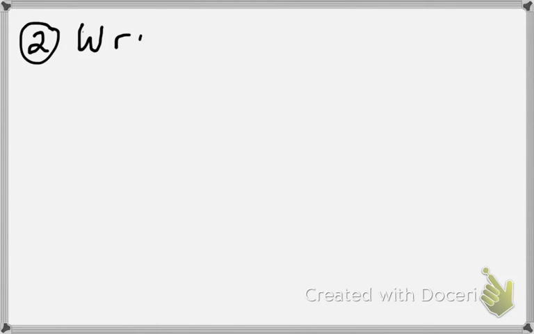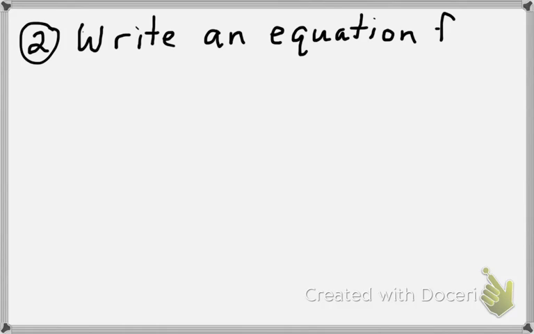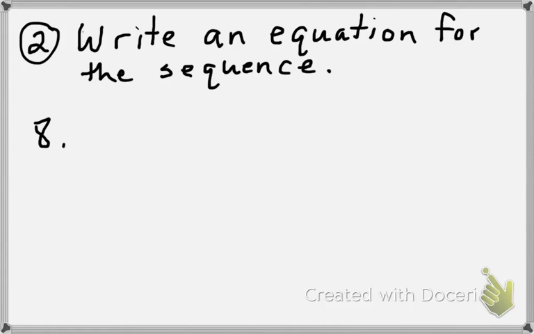Okay, the second thing you have to know how to do. You have to be able to write an equation for the sequence. Okay, so let's look at an example.